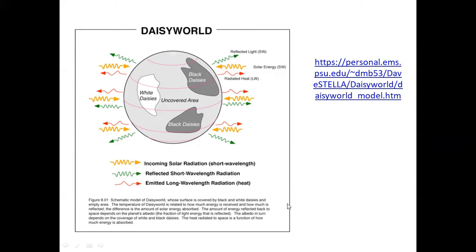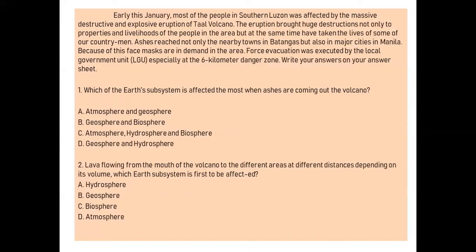The amount of energy reflected back to space depends on the planet's albedo, or the fraction of light energy that is reflected. The albedo in turn depends on the coverage of white and black daisies. The heat radiated to space is a function of how much energy is absorbed. This will be followed by a video of the Daisy World.